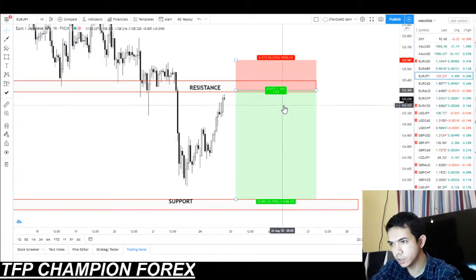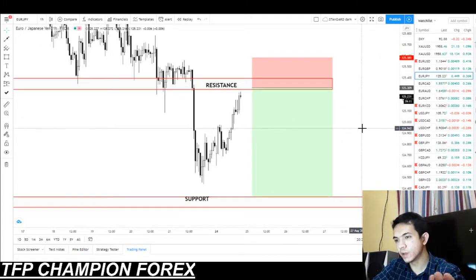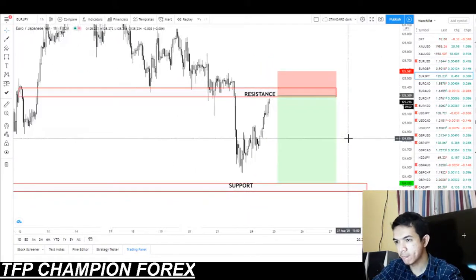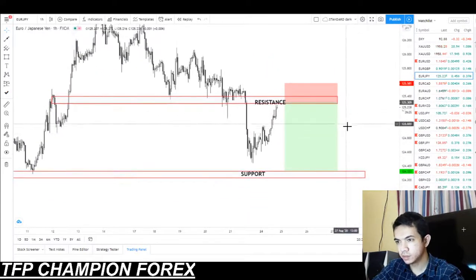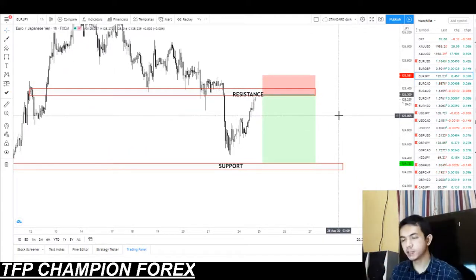That would provide me at least a 1 to 3.5 risk to reward ratio. So you see the approach, it's very simple. I'm just applying price action plus market structure and candlestick formation for my entry.